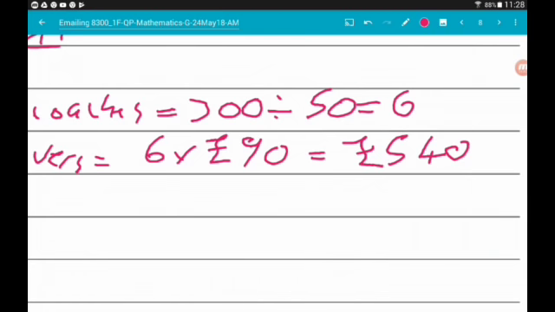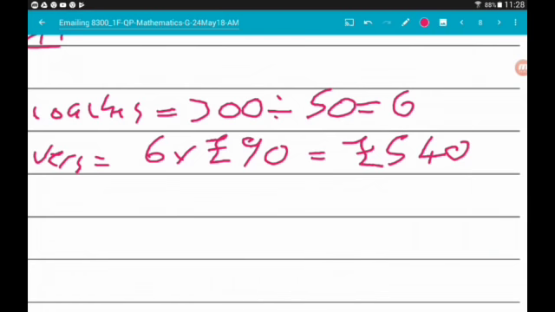Each coach travels 200 miles. So I'm going to do this in terms of pounds. So it's 200 times 0.70 pounds.